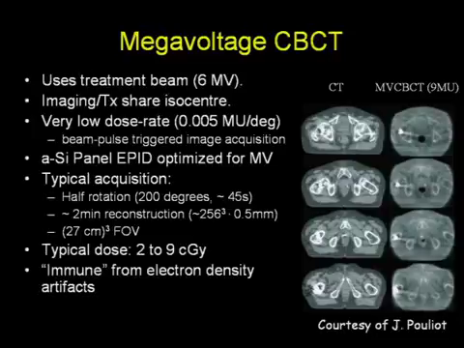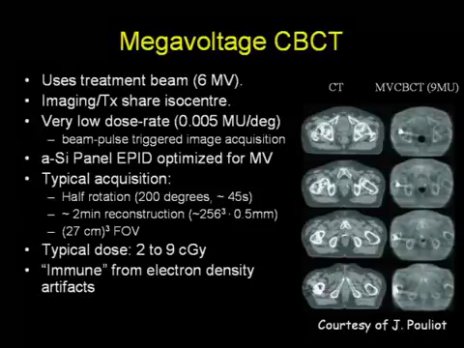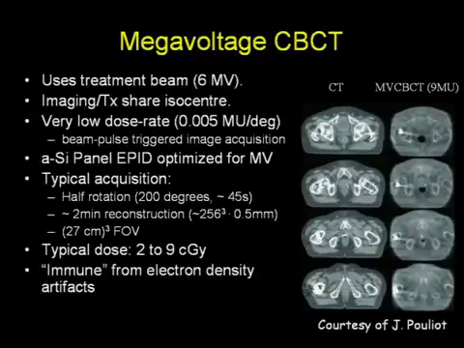The accelerator is again adjusted in order to provide a very low dose rate in order to make the doses in the ballpark of what can be obtained with kV cone beam CT, and uses an amorphous silicon panel EPID that is optimized for MV, of course, so that there is some build-up material in order to enhance the signal.